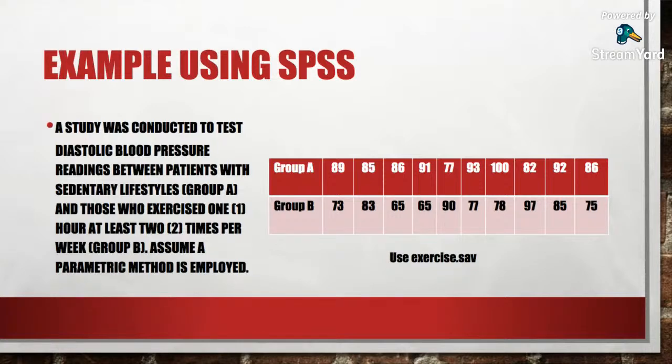Yeah. Okay, so Lorraine, sabi niya dito, there is no significant difference between group A and group B. But this is correct, but you have to be specific, Lorraine, that we are looking at the difference in the diastolic blood pressure readings.